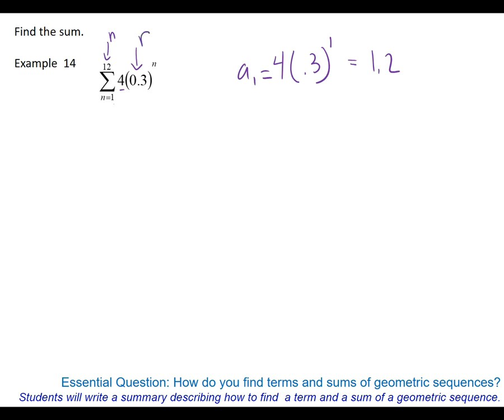I want you to take a minute and try to plug that into the formula on your own and into the calculator. Write it out on your paper, what you can write in the calculator, and then type it in.